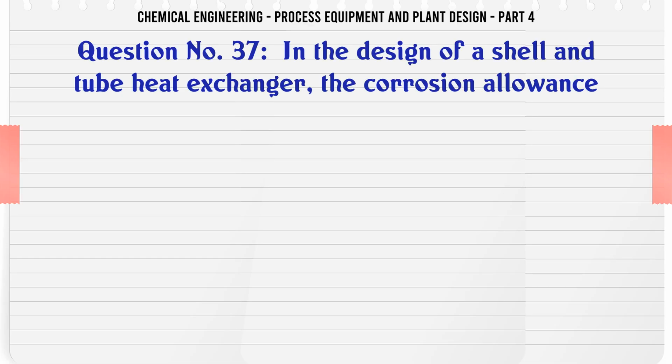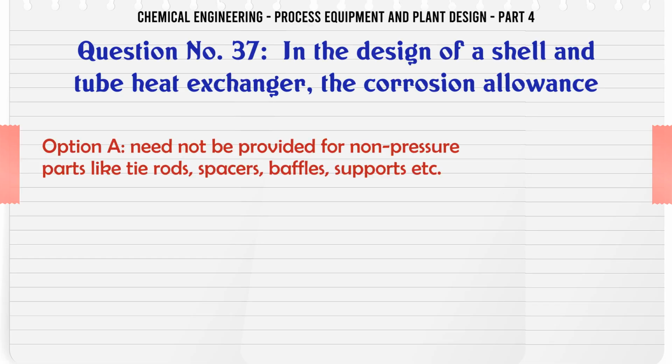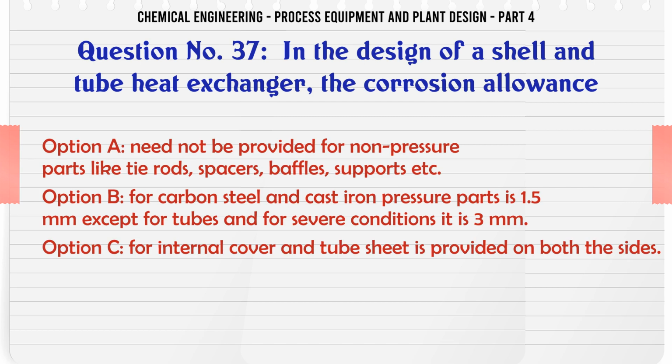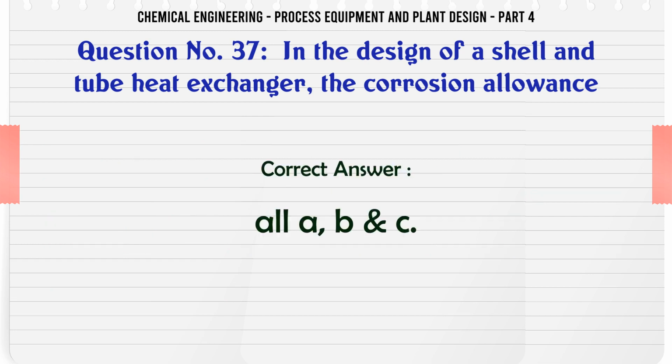In the design of a shell and tube heat exchanger, the corrosion allowance A. need not be provided for non-pressure parts like tie rods, spacers, baffles, supports, etc. B. for carbon steel and cast iron pressure parts is 1.5 mm except for tubes, and for severe conditions it is 3 mm. C. for internal cover and tube sheet is provided on both the sides. D. all ABC. The correct answer is all ABC.